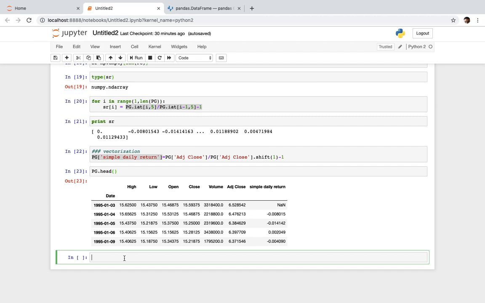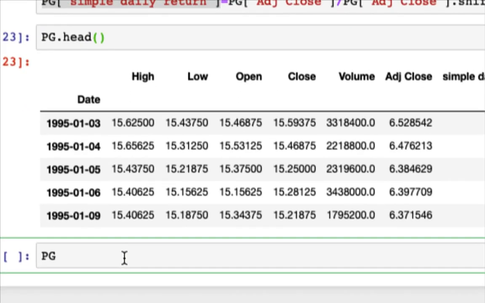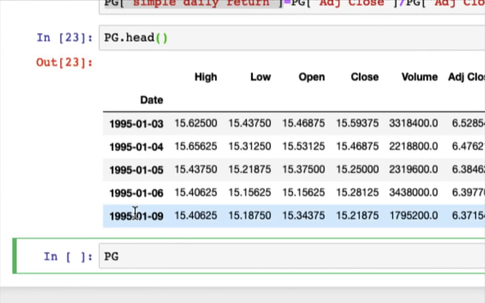Okay, you can plot it. PG of simple daily return dot plot. If you do it like this, it already works, but sometimes it's better to specify fig size, which is the size of the picture that you're going to make.